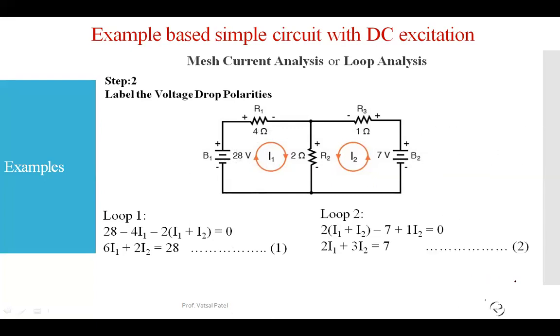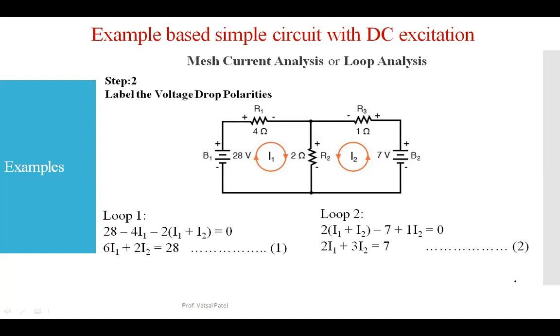Now if you apply the loop method to loop 2, that is 2i1 plus i2 minus 7 plus 1i2 is equal to 0. So if we rearrange that equation, we will identify the second equation from the second loop.